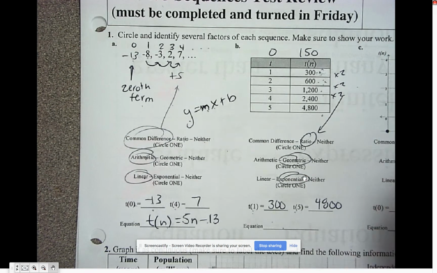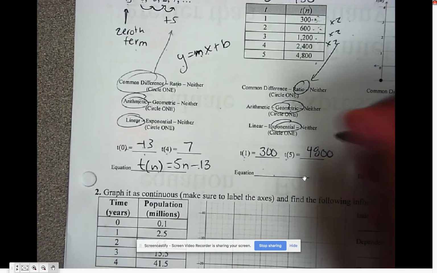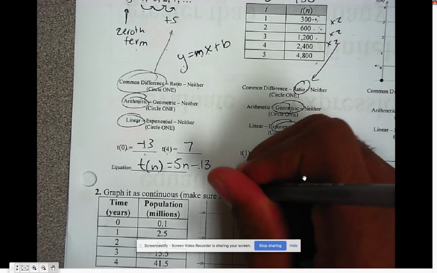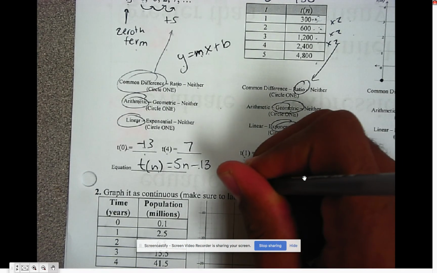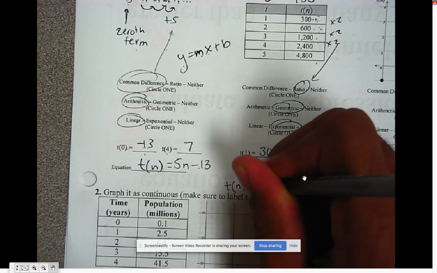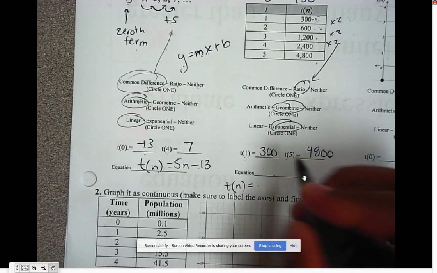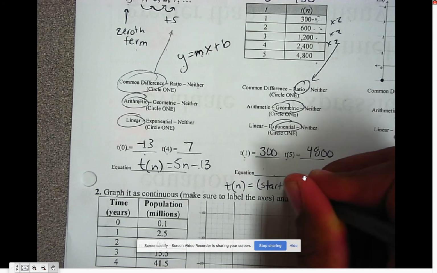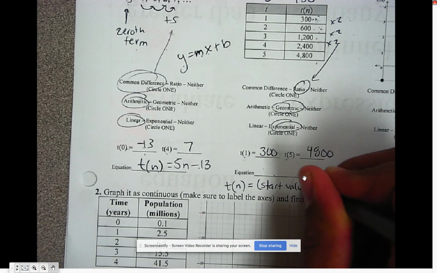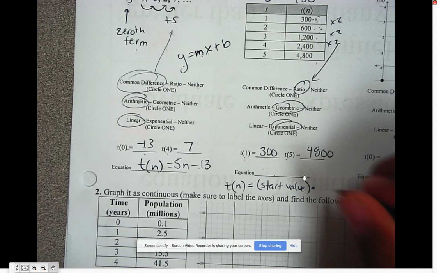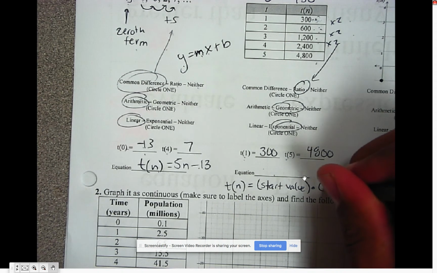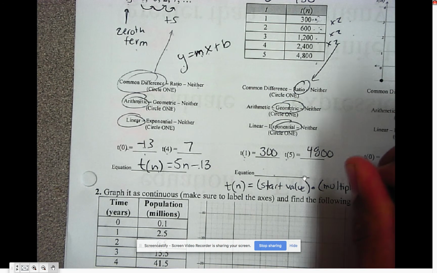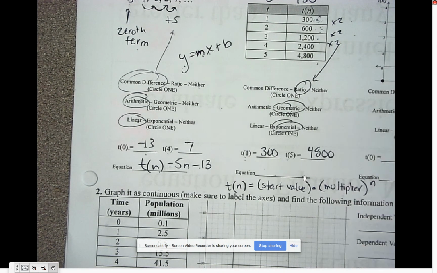When I create my equation, we're going to use the format that t of n is equal to your starting value times your multiplier raised to the nth power.